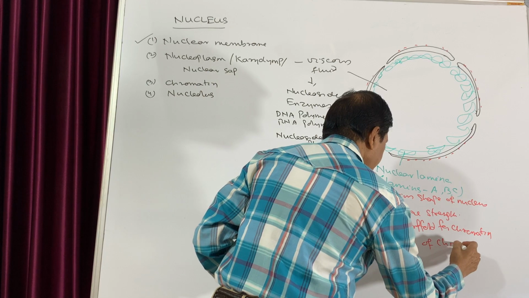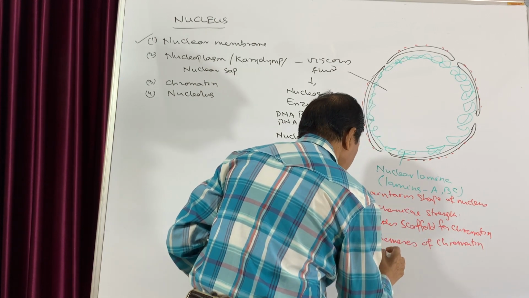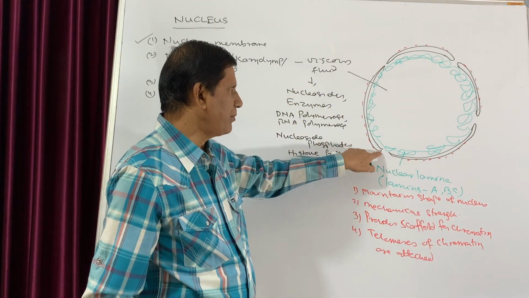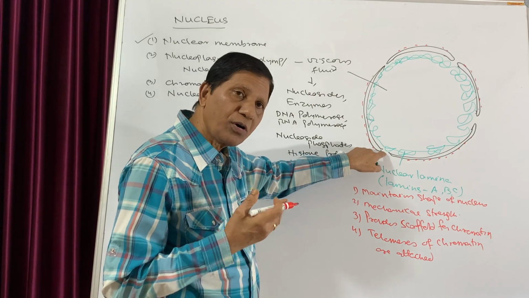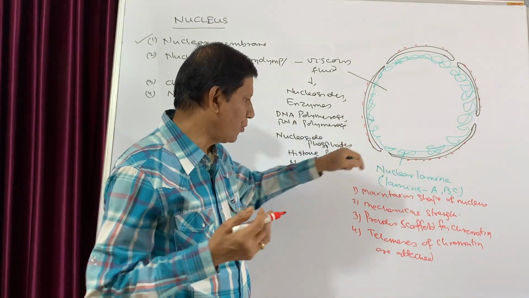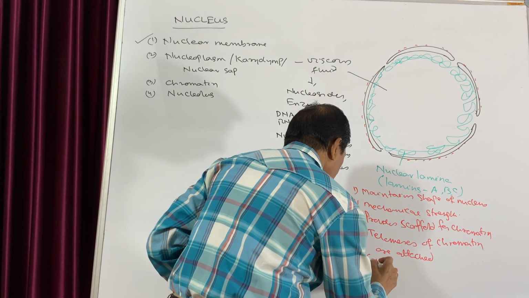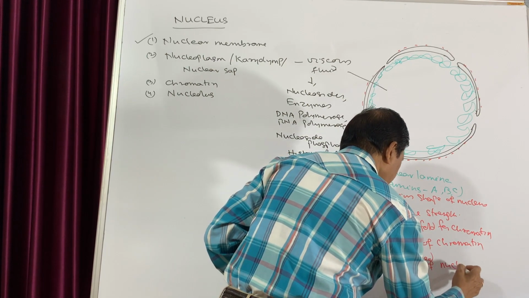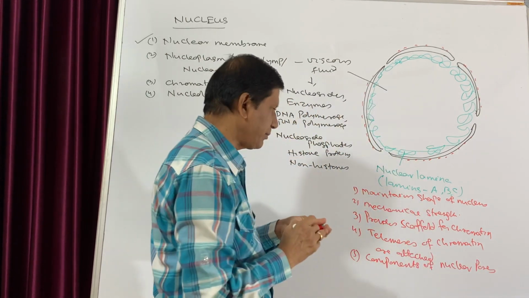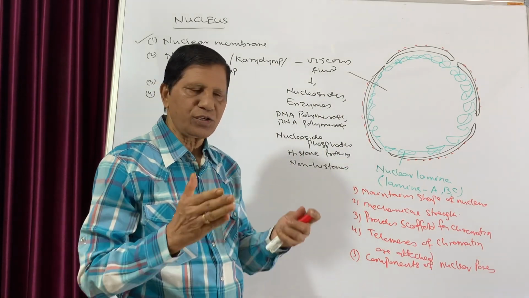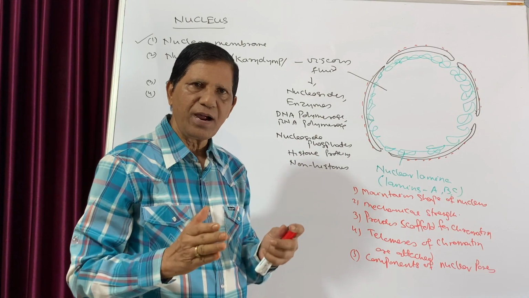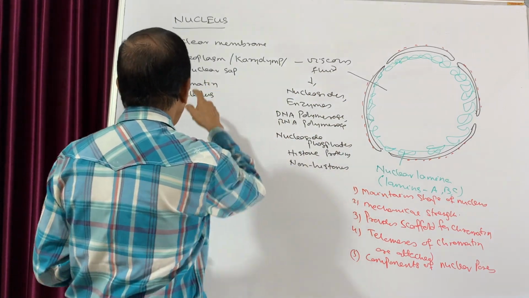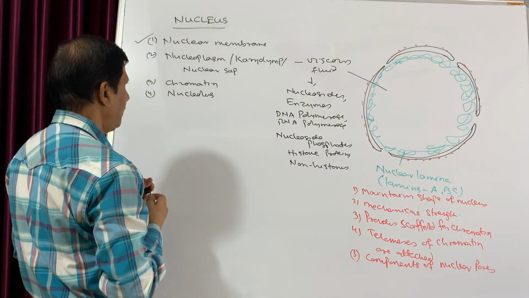Another thing is that they give rise to components of the nuclear pore. So these are the important functions of the nuclear lamina, and the main function is that it provides shape and mechanical strength to the entire nucleus. That is about the second one, nucleoplasm or karyosome.